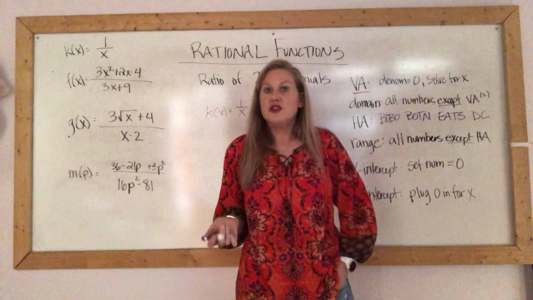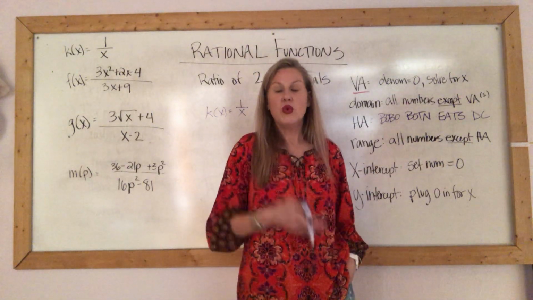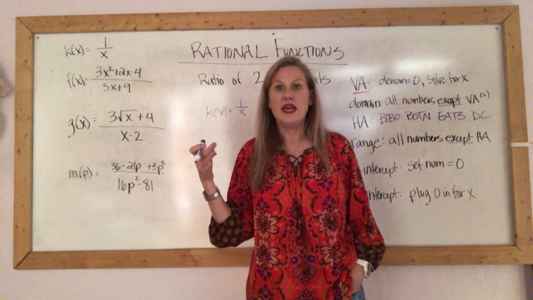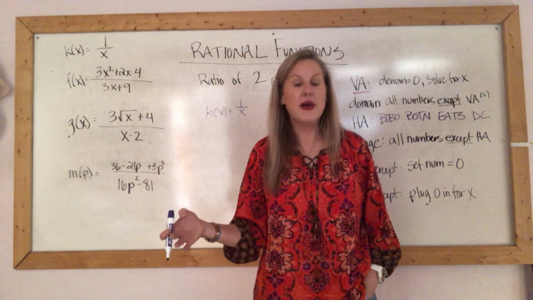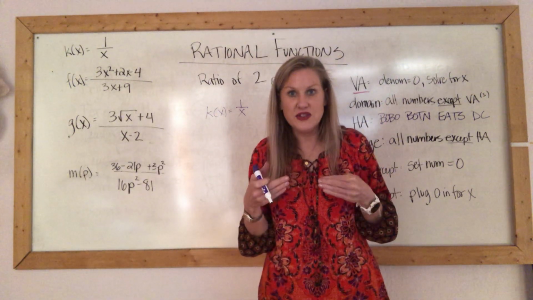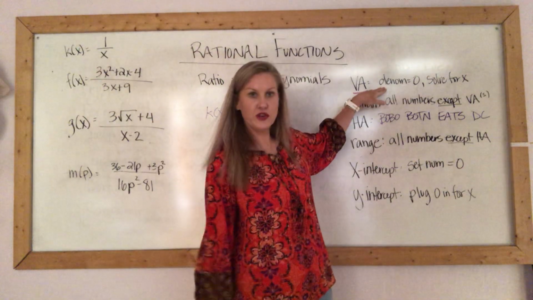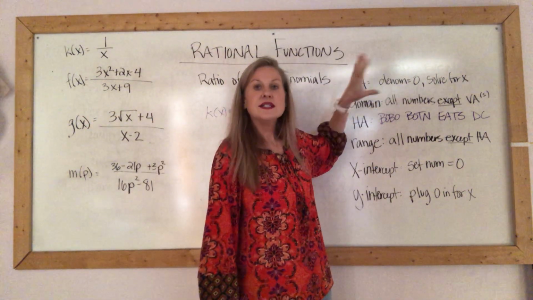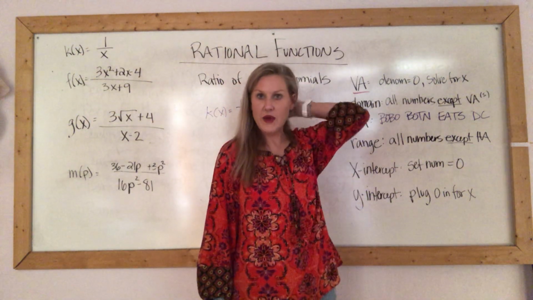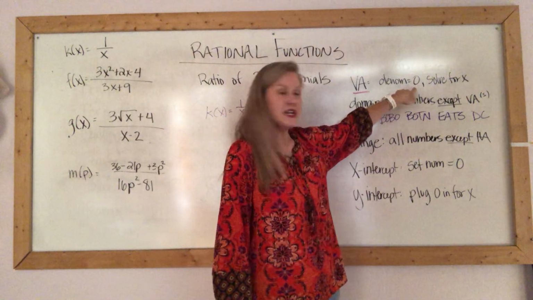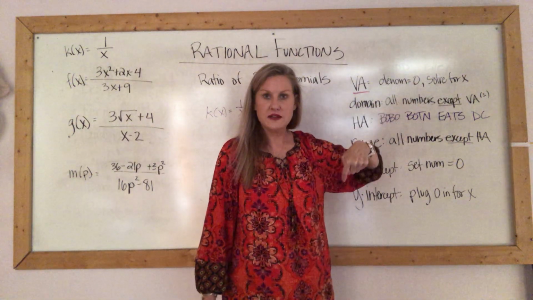So the first thing I'm going to do is find the vertical asymptotes. Once I have found those, I will know the domain because they are linked directly to each other. To find the vertical asymptotes every single time, take the entire denominator of the rational function, set it equal to 0, solve for x.